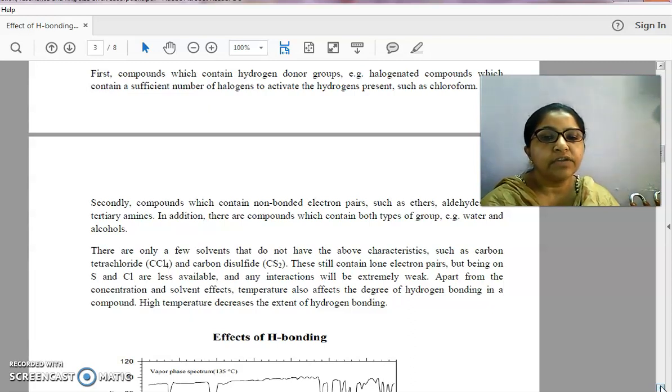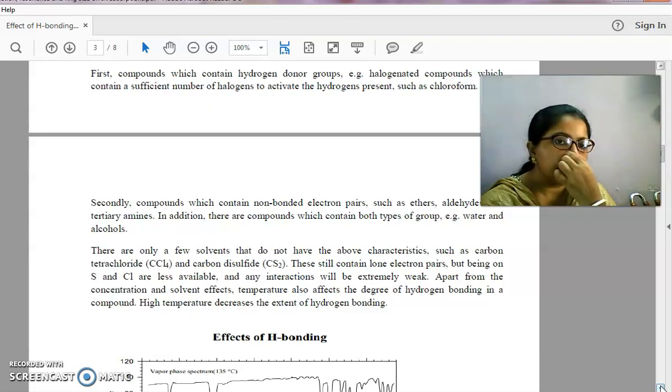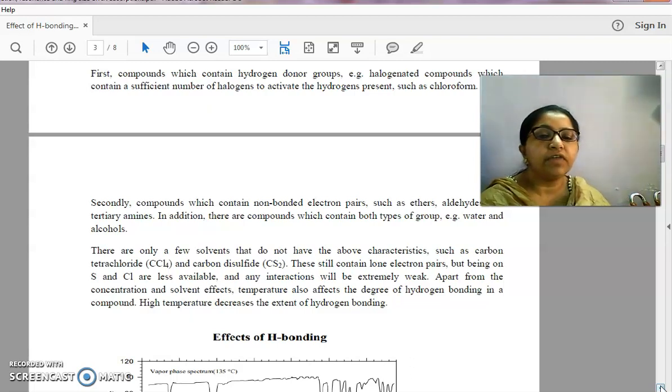It will be a weak interaction, so we can prefer CCl4 and CS2 as solvents. Also, if the temperature increases, it changes the degree of hydrogen bonding. Higher temperature means a lesser extent of hydrogen bonding, so the shift will be lesser at higher temperature.